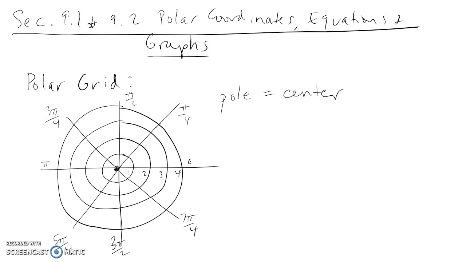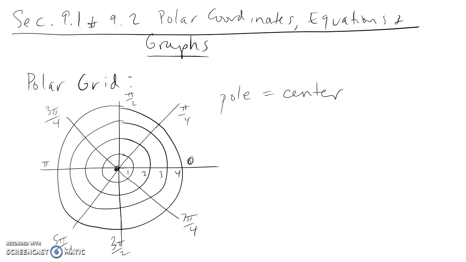Around that center are circles, and these numbers here, the 1, the 2, the 3, and the 4, those each represent the radius of that circle. So this is 1 unit, and then 2 units, 3 and 4 units. And then there's all these lines coming out. There's actually an infinite number of these lines going through the center, and they sit at angles from the horizontal, which is 0.